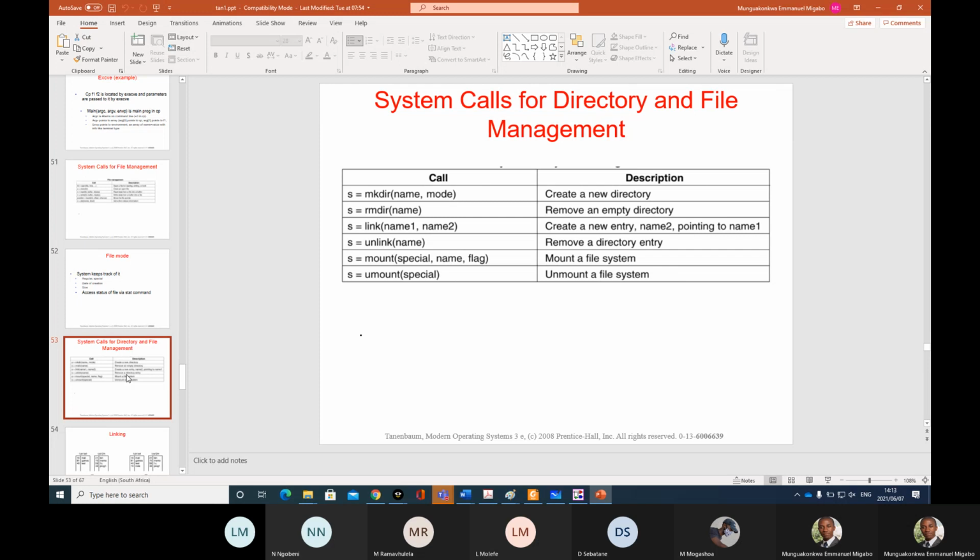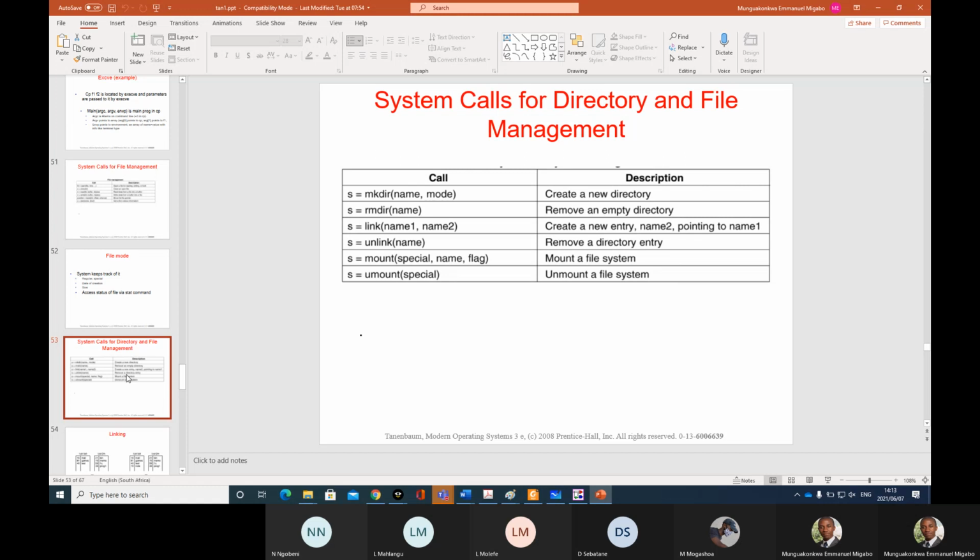Mounting, very special. Mounting a file system is very commonly used. You mount a file system, and in this case it's a file system rather than an actual file. And this can happen on various memories, for example, CD, USB, etc. And you could also unmount it.